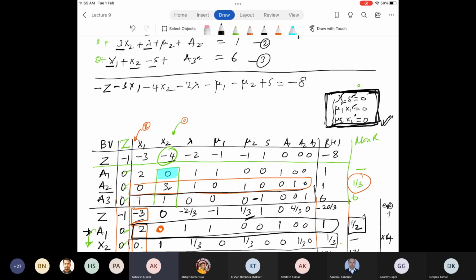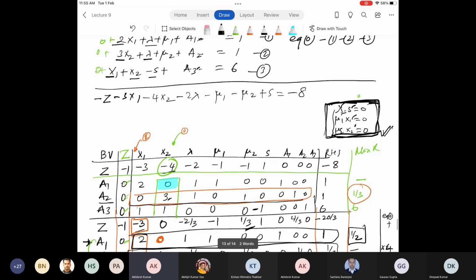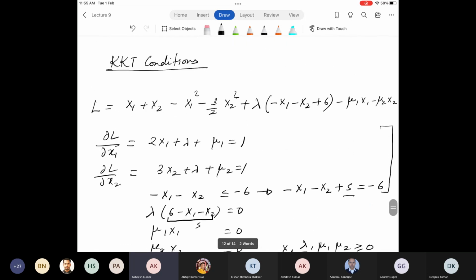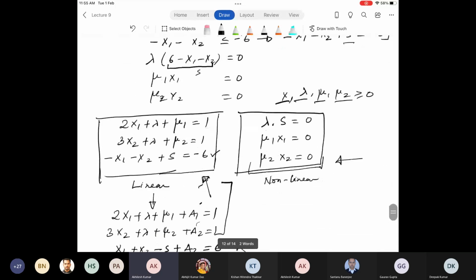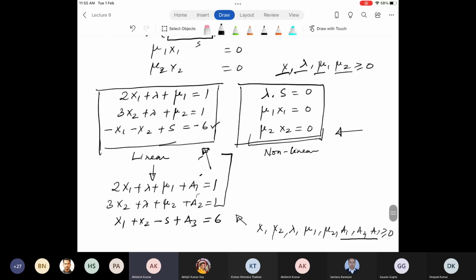Okay, so you understood how quadratic programming works. A quadratic program will be given to you. You have to write the KKT conditions and then take out the linear equations, add artificial variables and start solving it with the simplex algorithm, the first phase of the two-phase method, while ensuring that if lambda is in the basis, s cannot enter, or if s is in the basis, lambda cannot enter.